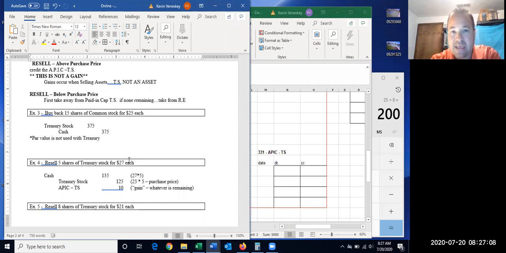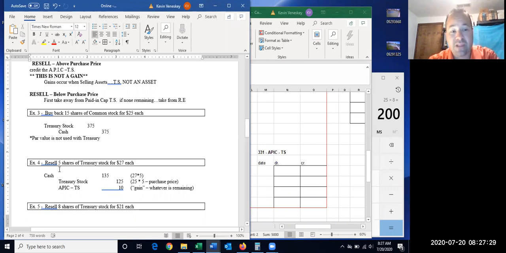We're only going to count it as a gain or a loss if we resell the treasury stock, and then we compare it to what we originally bought it at. Note here, there's no par value. I'm simply putting that treasury into a temporary holding account. It's at $25, and then when I resell it, I'm going to get rid of it at 25 as well.